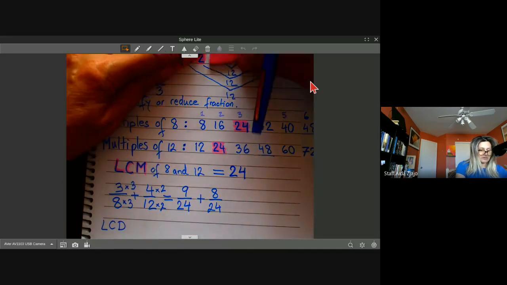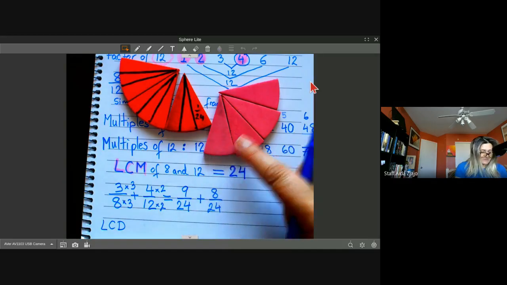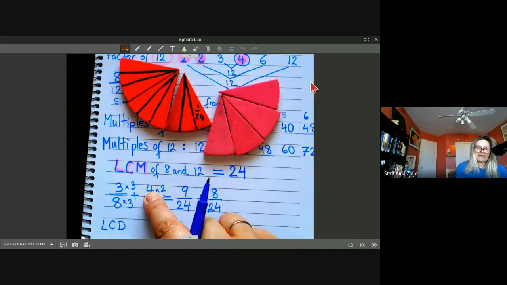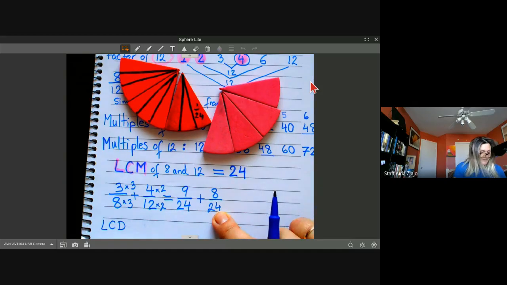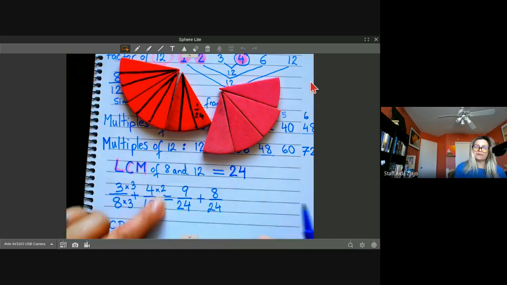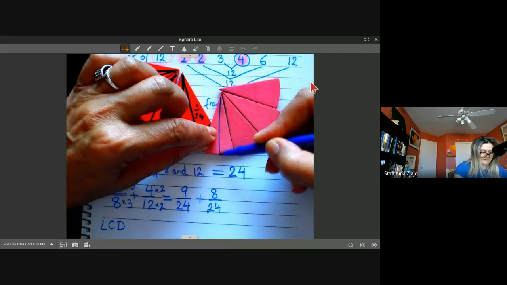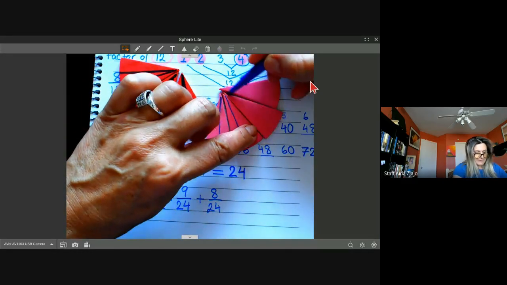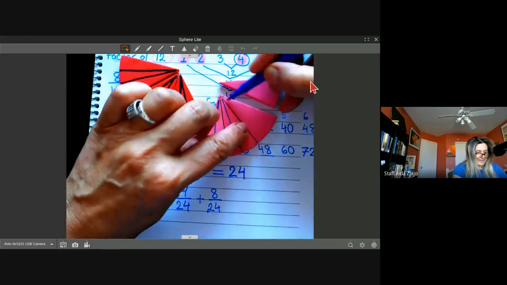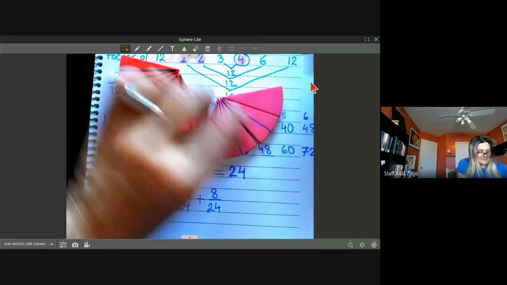So I'm going to show you also how these 4 12ths, 1, 2, 3, 4, become 8/24. Because I multiplied by 2, in reality I cut each of the 12ths into 2 pieces, and then I get 8/24.